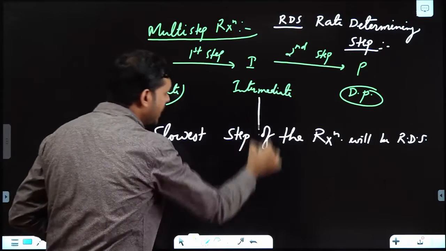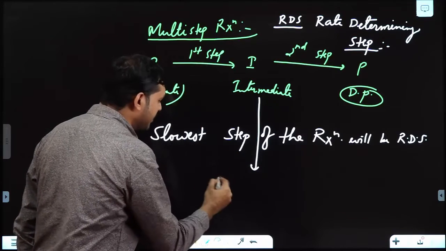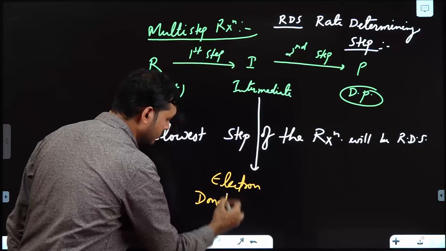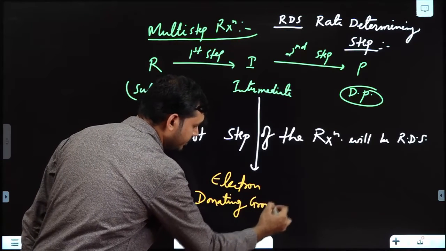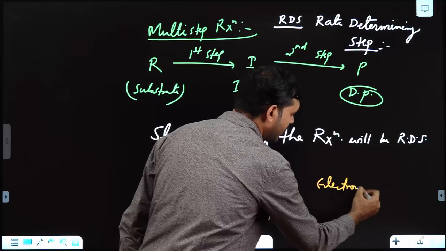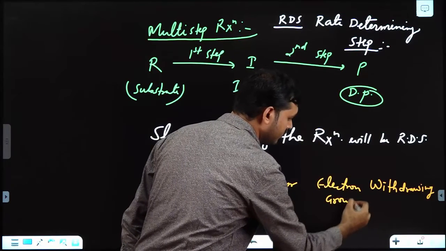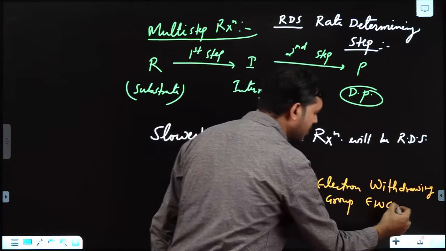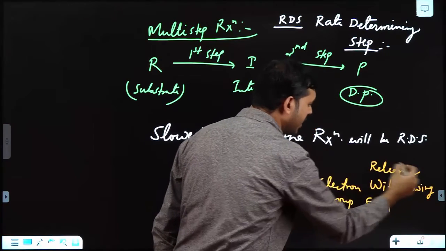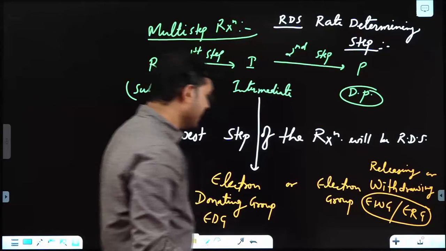Okay, now I was telling you that in reaction mechanism, the nature of the intermediate formed will also matter. So here the intermediate is generated. Now this intermediate can be of 2 types, either an electron donating group, meaning EDG, or an electron withdrawing group, EWG, or it is also called electron releasing or withdrawing, ERG or EWG.